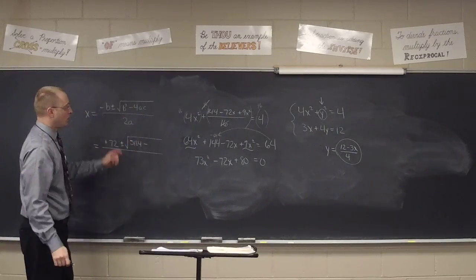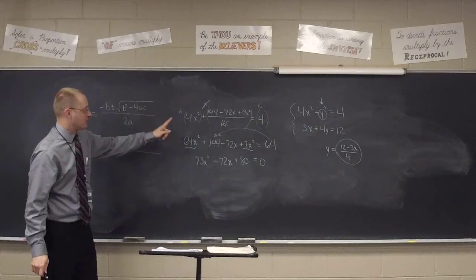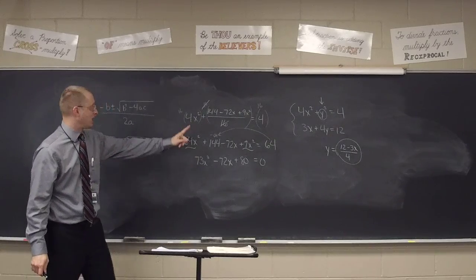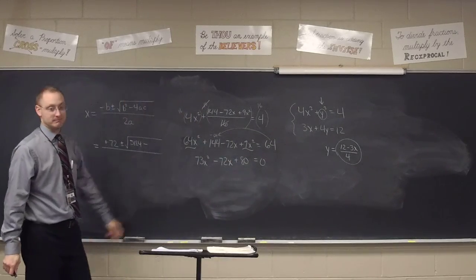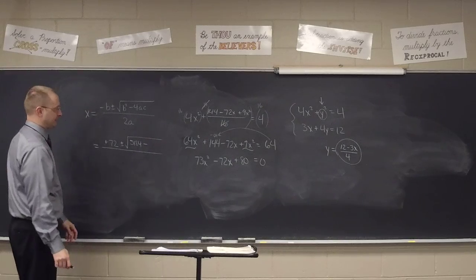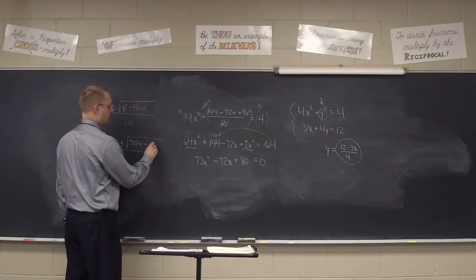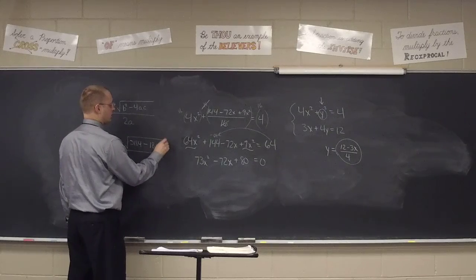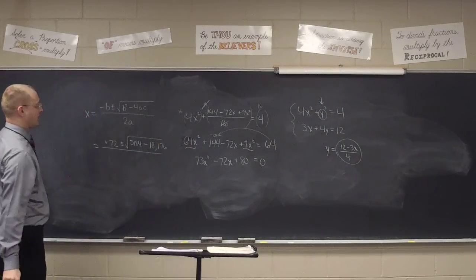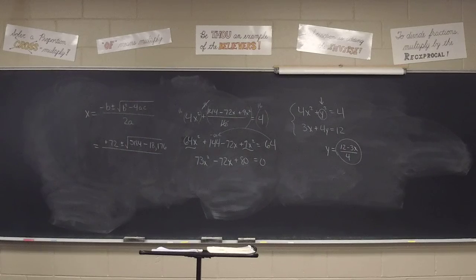Minus 4 times a times c. I have negative 18,976, but that could be wrong. Let's see what you got, Quinn. You like 18,176? I got 23,360.